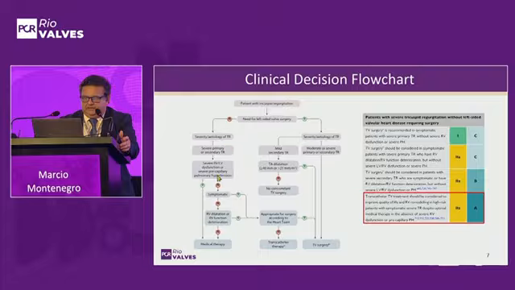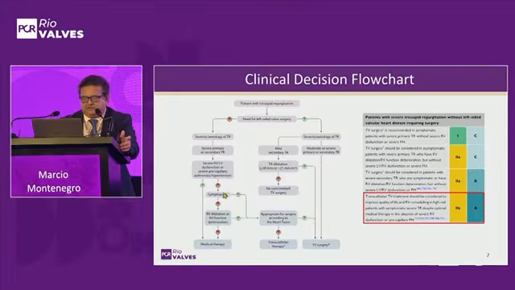At the left side, we see the patient with a severe TR, primary or secondary, doesn't matter, but with severe RV or LV dysfunction or severe precapillary pulmonary hypertension.